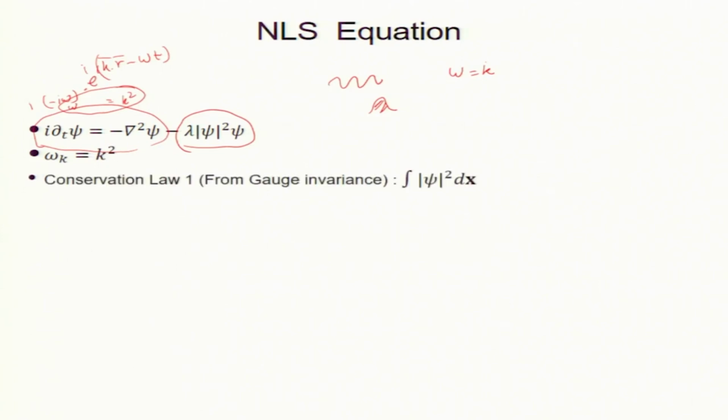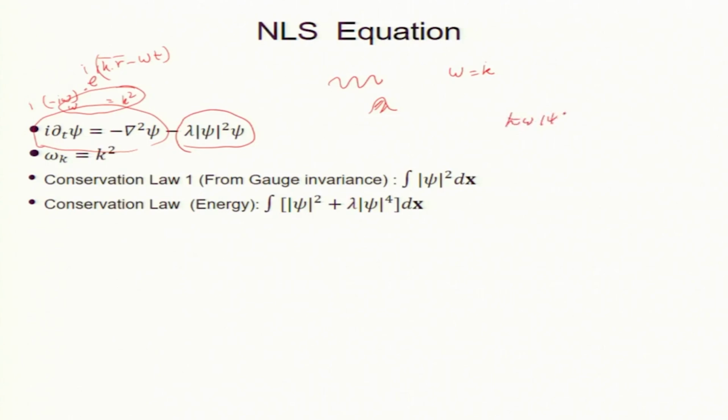The conservation laws, one is integral of mod psi square dx, which everybody knows is probability conservation, but we can derive this by Noether's theorem. I did this in the class by local gauge invariance. Second is conservation of total energy, which is different from h bar omega times mod psi k squared. Okay.